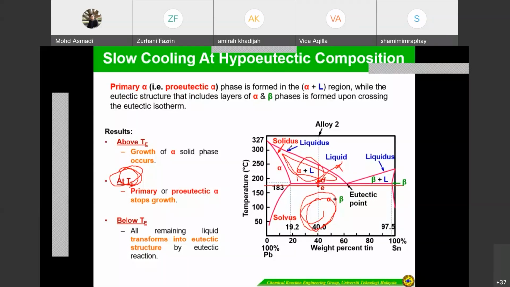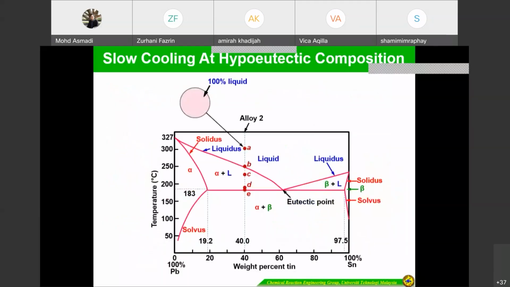So how about the microstructure evolvement, or development. If you look at here, point A is 100% liquid. Point C, that one is point C. Point B is much smaller than point C, the proeutectic alpha.